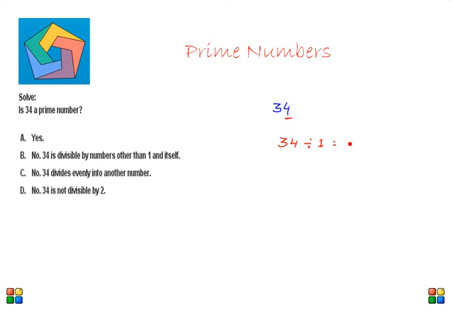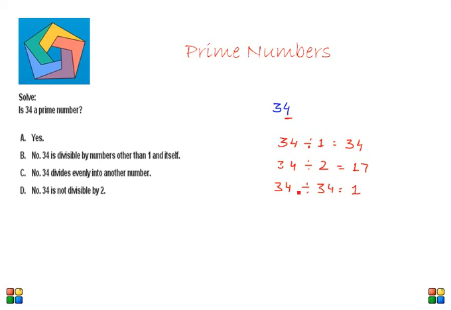So here we have 34, but 34 can be divisible by 2 as well. So we have to divide it. We get 2 times 17, and 17 times 2 is 34, and 34 can be divided by itself to get 1.